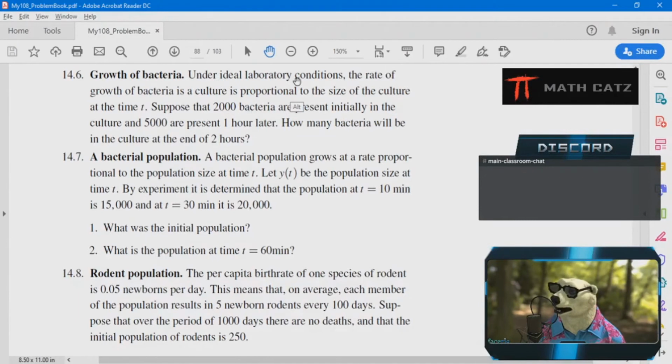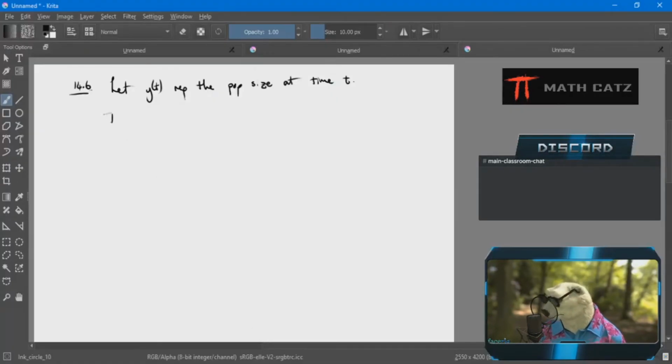Under ideal laboratory conditions, the rate of growth of bacteria in a culture is proportional to the size of the culture at that time. I have that proportionality property, and that allows me to say that the rate of change of the population size is some constant times the population size.